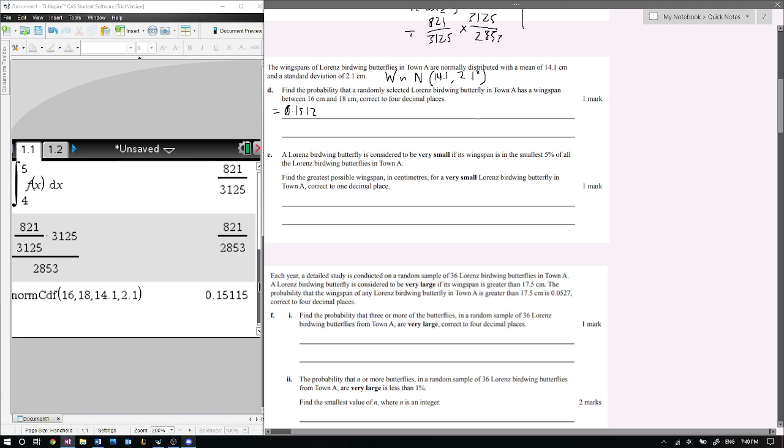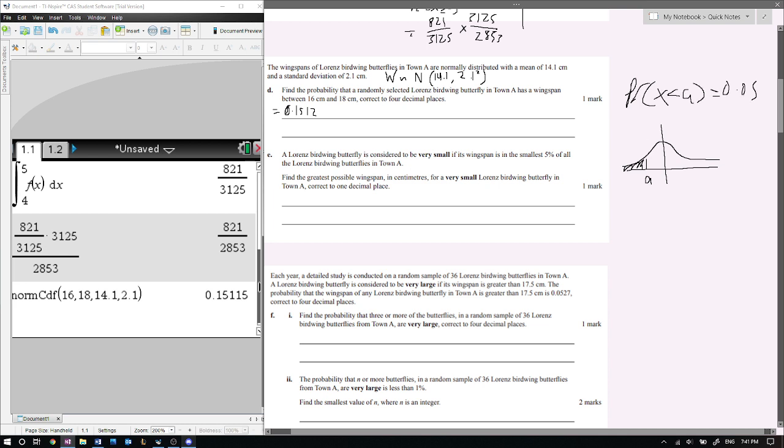Whenever you see in a normal distribution question a percentage or a given area, you know to use the inverse normal, because we know that the inverse normal gives us the area from a graph to a specific point. So let's say it gives you an area of 5%. You know that P(X < a) = 0.05.